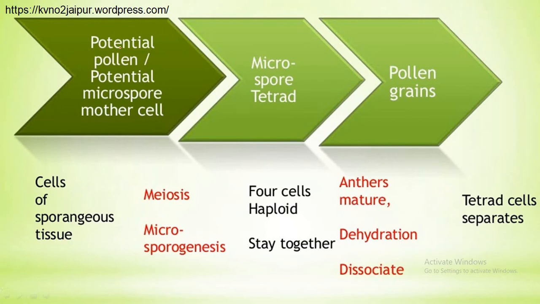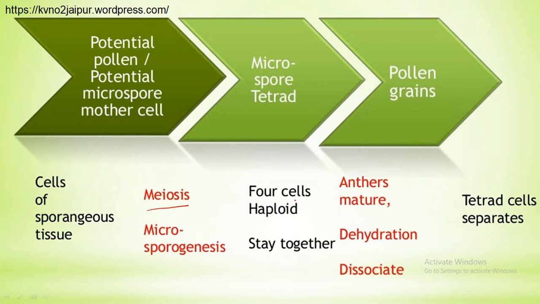Now this diagram shows about the microsporogenesis. Cells of the sporogenous tissues are the potential microspore mother cells. They undergo meiosis process and it produces the microspore tetrad.